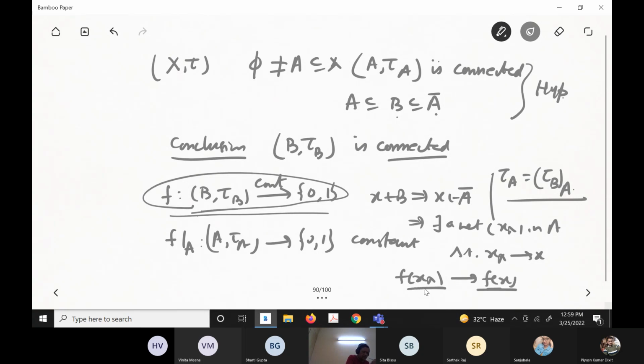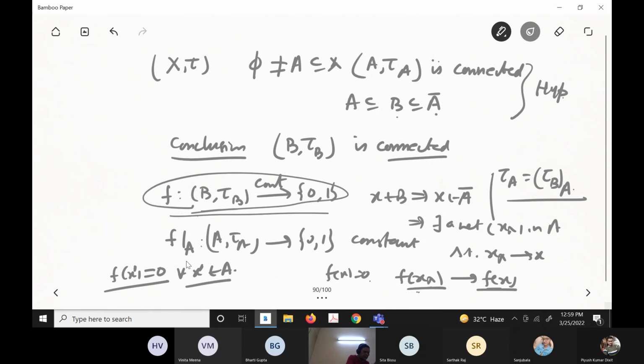Now this f(x_lambda) is coming from A, so you can split it into two cases. Suppose f(x') equal to 0 for all x' in A. Then f(x_lambda) is 0, so f(x) is 0.